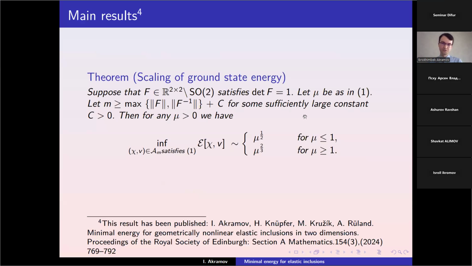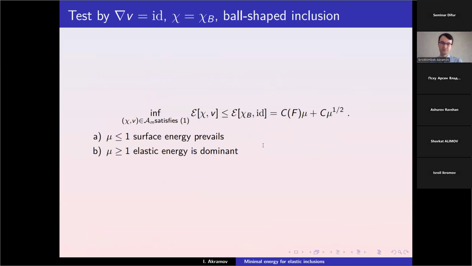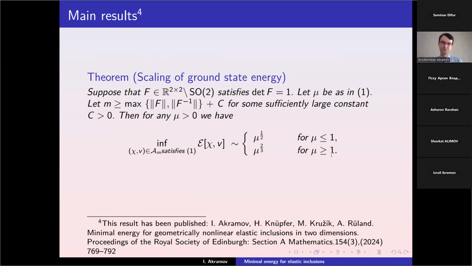If mu is bigger than 1, then it is bounded by this one, but we have the bound 2/3 for mu bigger than 1. Therefore, it remains for the upper bound to prove the case mu bigger than 1, while mu less than 1 is obvious.